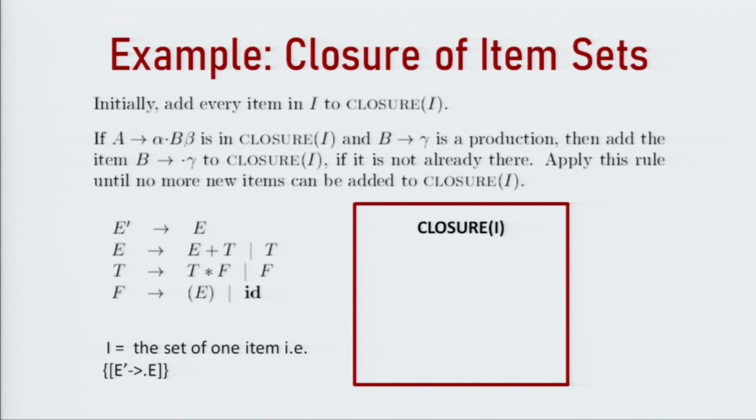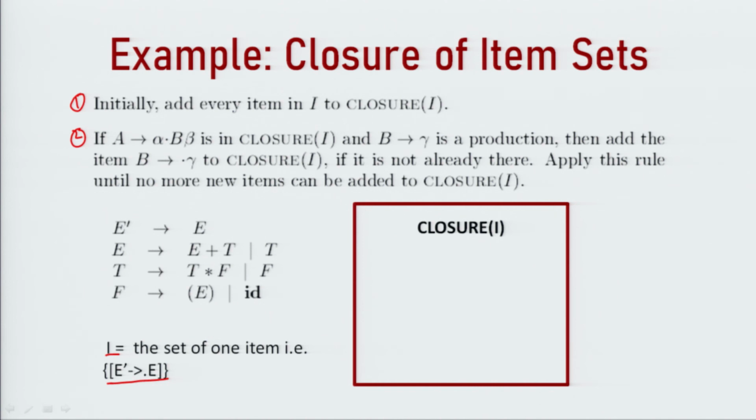Now, we will apply this on one example. Here I have just copied these two steps because we will apply them. Here we assume that I is a set of one item, that is E prime to dot E. This is a simple item, a production with the dot at the left end.